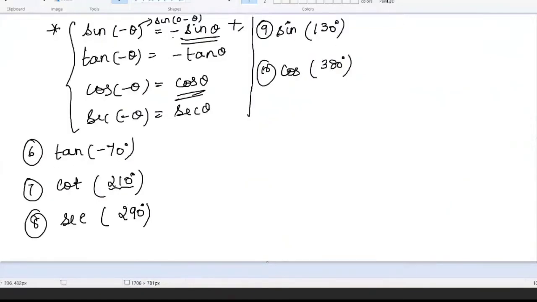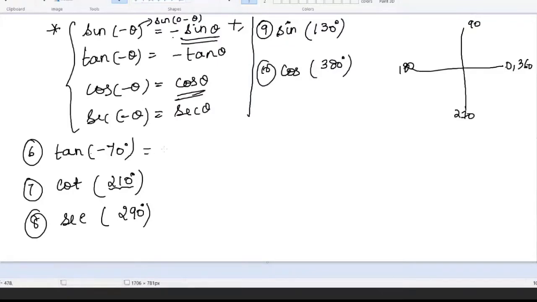So we have the sixth one. First let me write the four quadrants and keep them ready, so that I understand 0, 90, 180, 270, coming back to 360 and so on. Tan of minus 70.